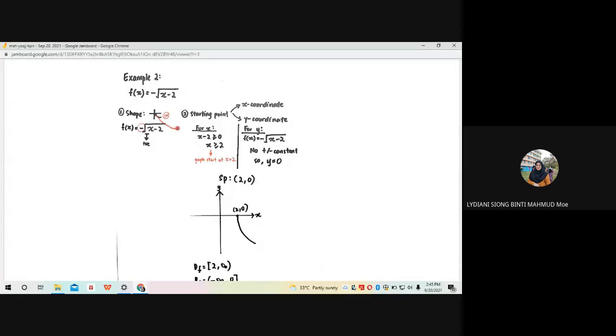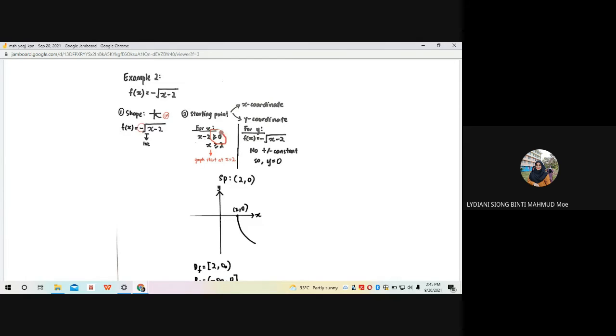And then the second is we have to find our starting point, which is we should have x and y coordinate. For x coordinate, we can easily obtain from inside the square root sign, which is x minus 2. So whatever inside the square root sign must be greater or equal to 0.